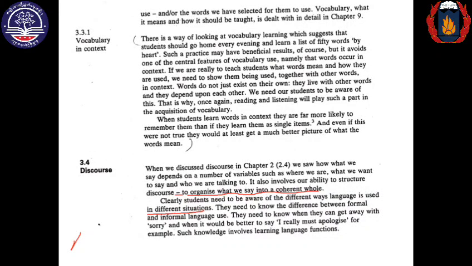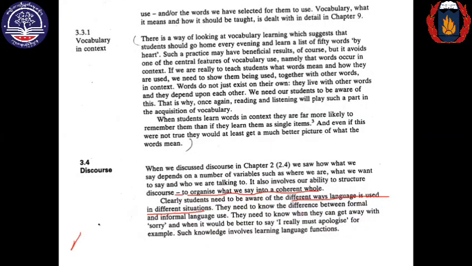You must remember this one. Language is used in different ways in different situations. Different situation means, as I have said, register. It depends on participants.